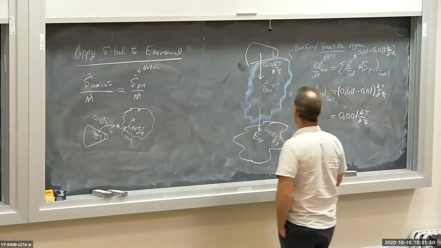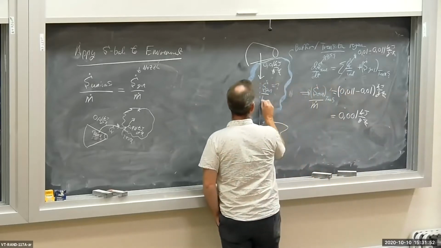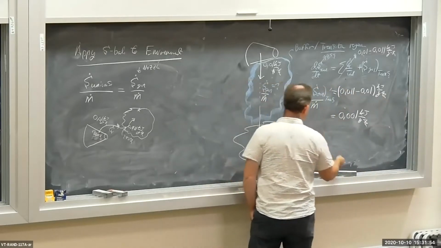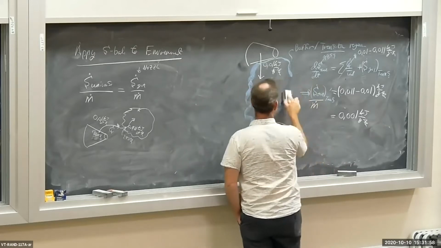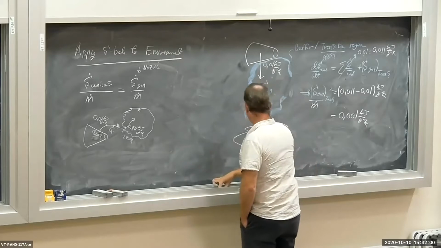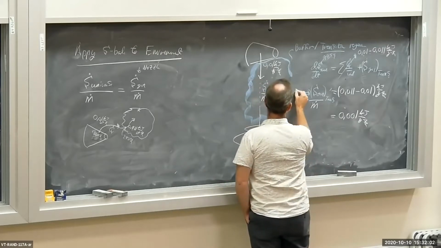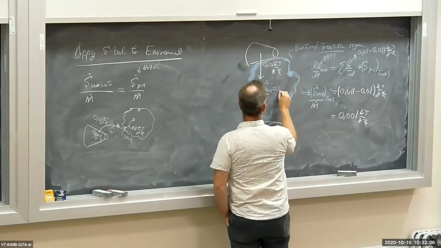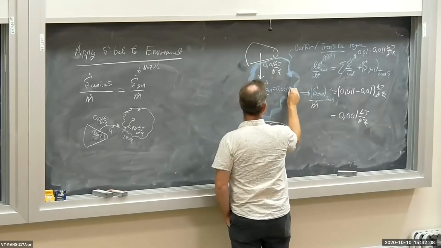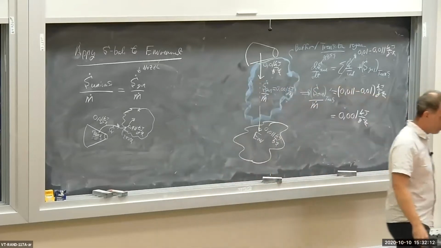So S dot generated per unit mass flow of air through the nozzle is equal to 0.001 kilojoule per kilogram degree Kelvin.